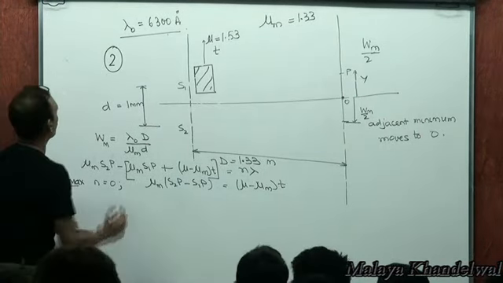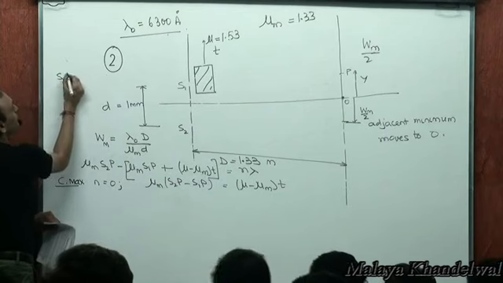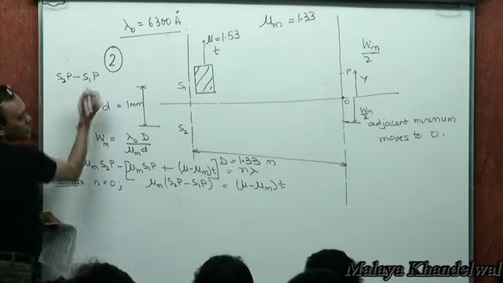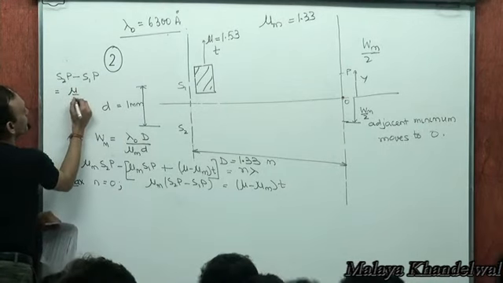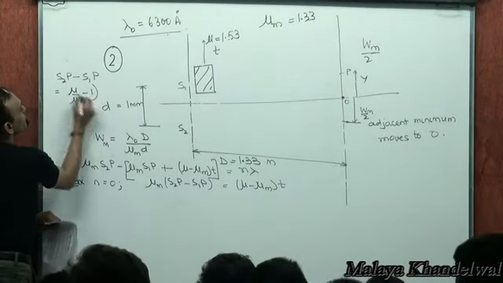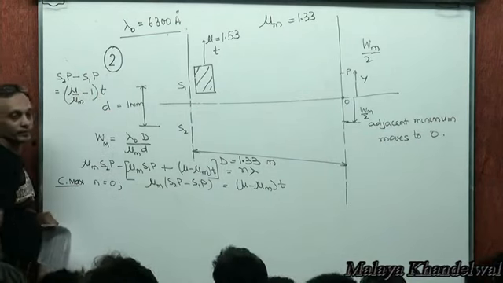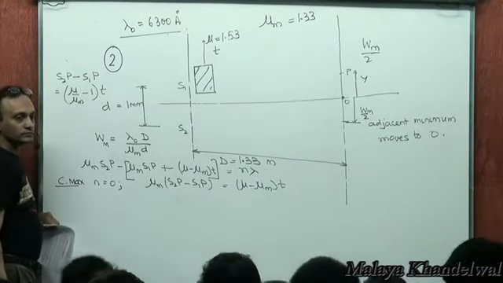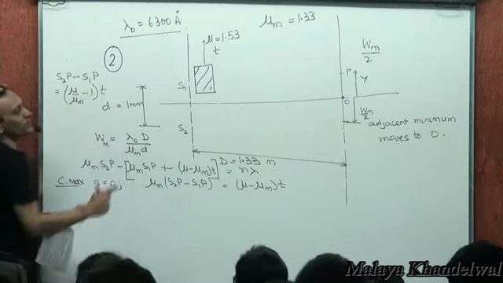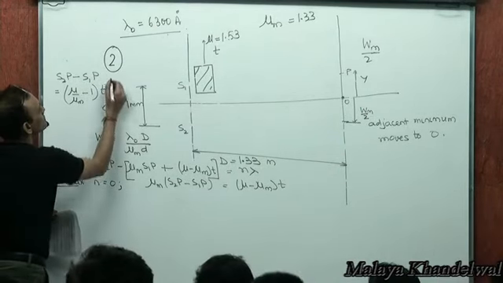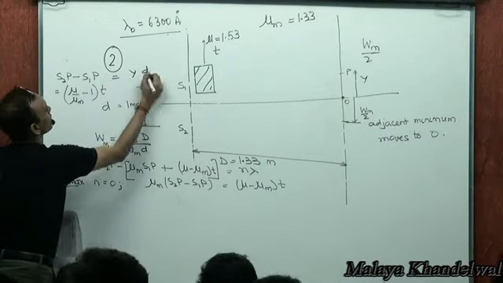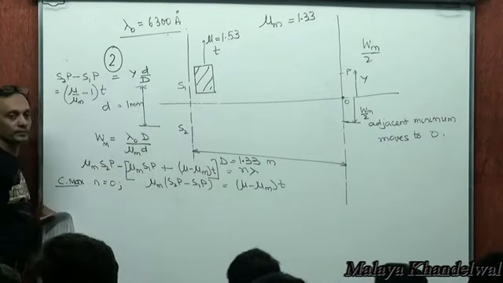Therefore, S2P minus S1P, which is the path difference, is (mu by mu m minus 1) into t. But what is S2P minus S1P? It is y into small d by capital D.